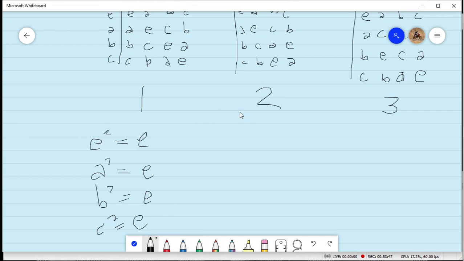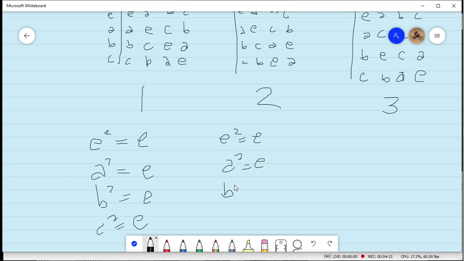Whereas in table 2, E squared is E. A squared, what is A squared? A operation A is also E. Meaning, the inverse of A is itself in table 2.